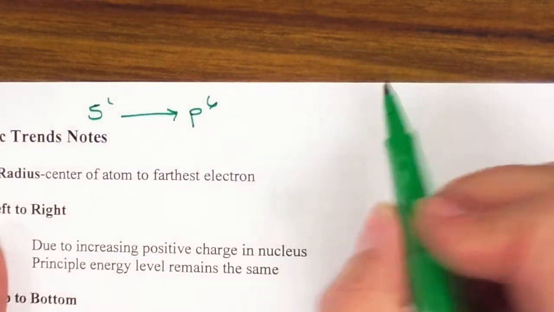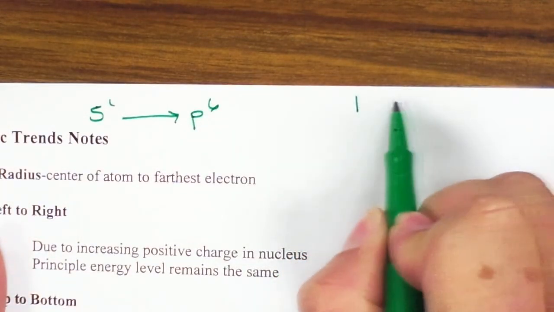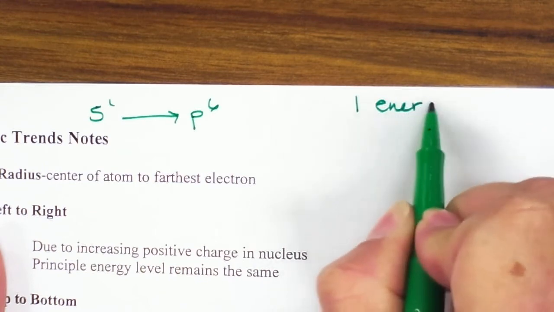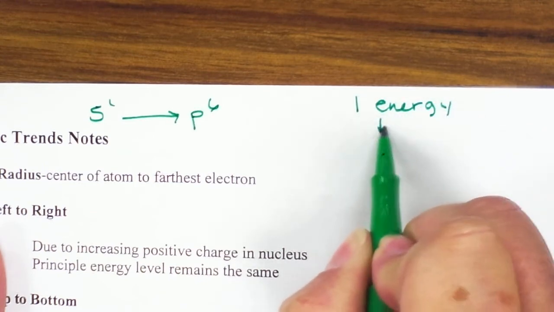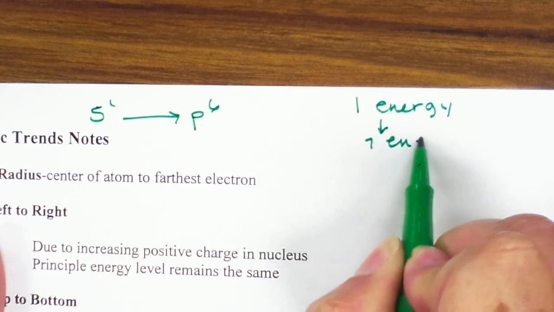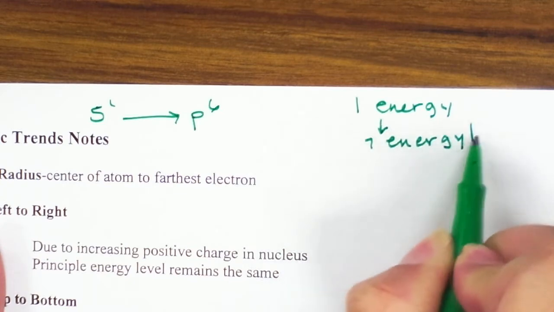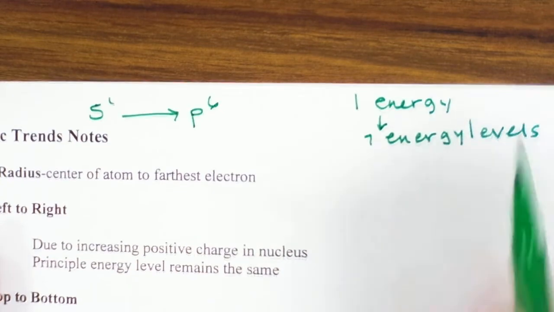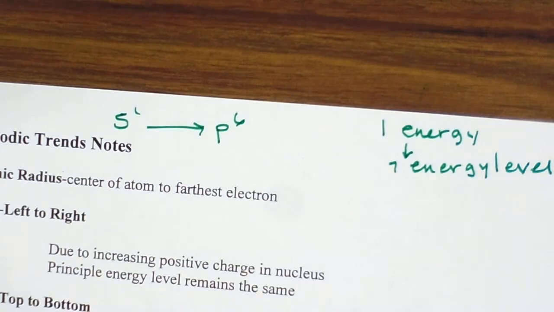And then the other trend on the periodic table is 1 energy level, and then down to 7 energy levels. And so there are periodic trends that go along with the increasing energy levels.